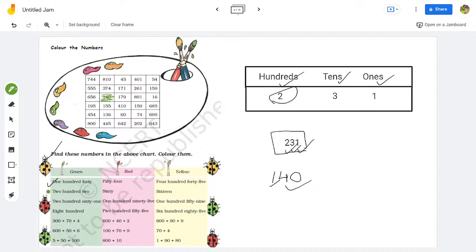Now the next number that they want is 202. So we have 202 over here. Now in case of 202, the 2 is in the hundreds column, we have nothing in the tens column, and then we have 2 in the ones column. So 202.